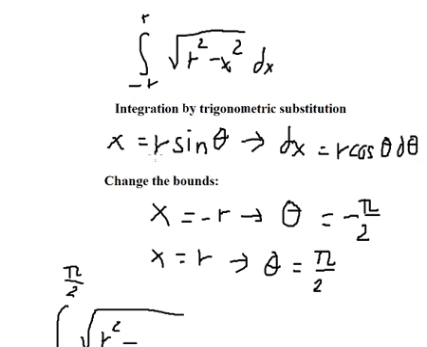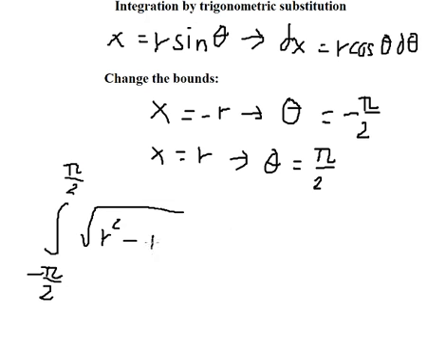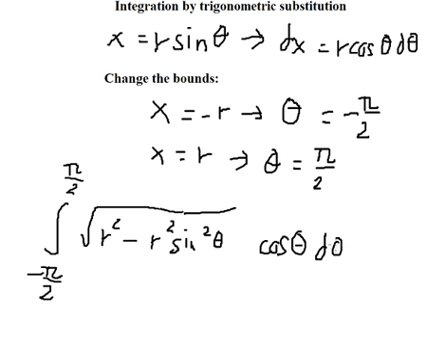So for X we change to R sine theta, and this one we have cosine theta d theta.